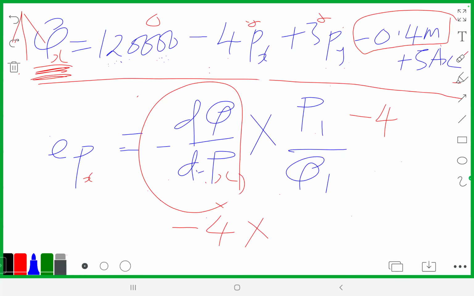The gradient of a function is the first derivative, which we find when differentiating this function with respect to Px. The other terms become zeros, apart from the one with Px. You just differentiate the way we differentiated before. That's how I got -4.